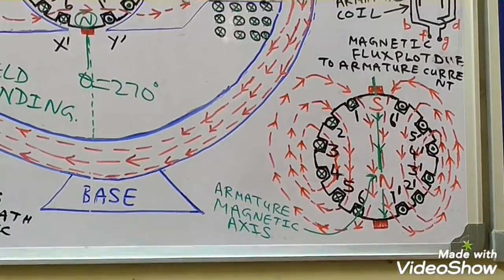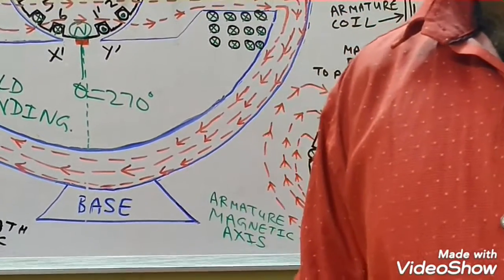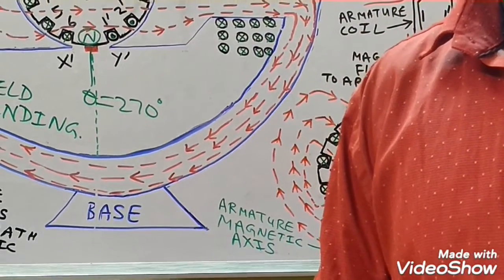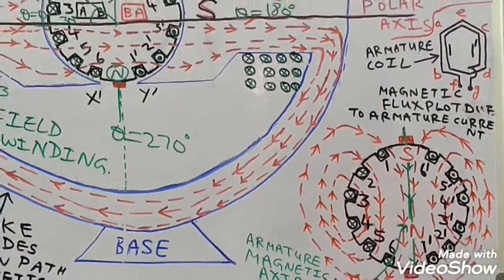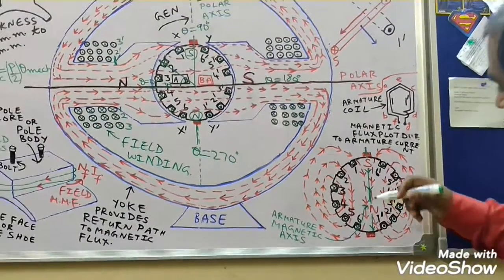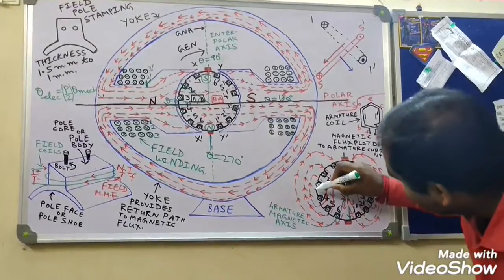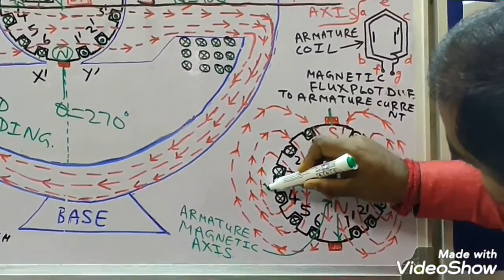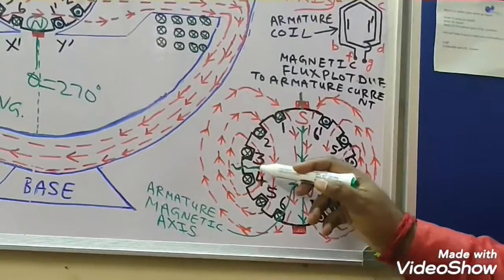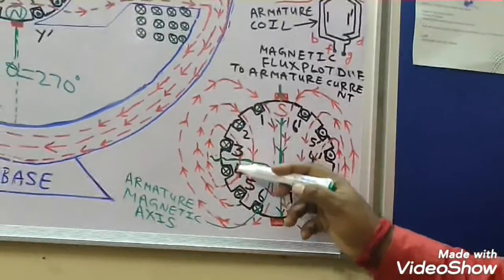If you are interested in finding the MMF distribution of armature winding along the air gap periphery, you have to take the developed view. For taking the developed view, you have to cut the armature core. So we will cut the armature core at this point between 3 and 4. Why between 3 and 4? Because no lines of flux are entering between 3 and 4.